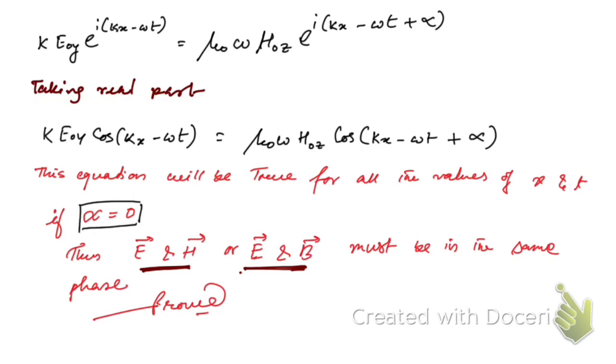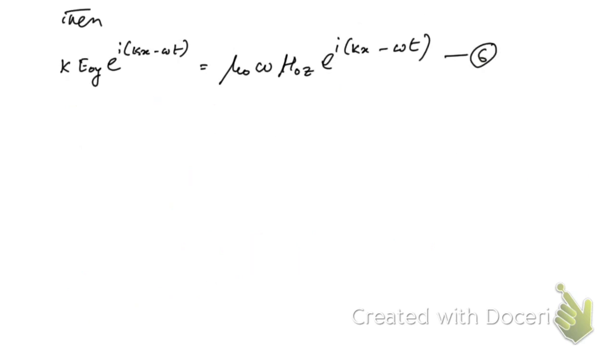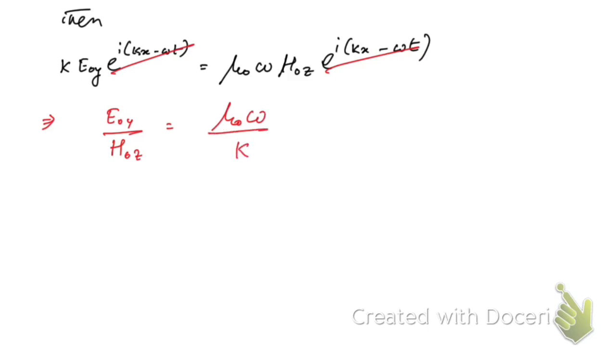You see, if this phi, alpha, is equal to 0, then from this equation we can write this as equal to 0, and we're going to get this equation. So now you see, from here what we have got, these two cancel, so E naught y by H naught z is going to be equal to mu naught omega by k, right?